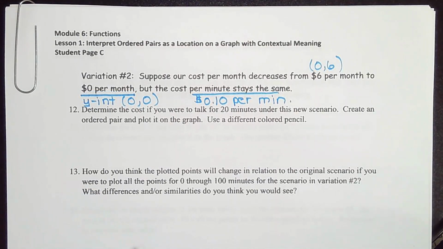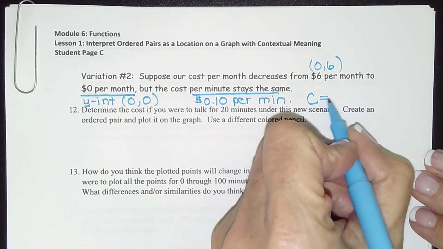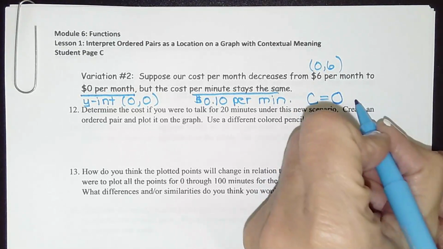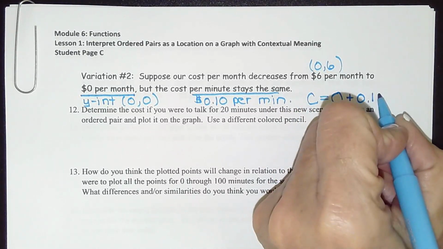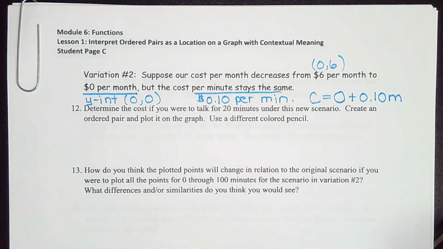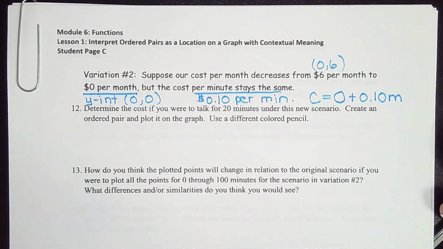So determine the cost if you were to talk 20 minutes. So first let's write our cost equations. So a $0 monthly fee plus 10 cents per minute. So basically we're only paying for the minutes we talked. No base fee on this one.